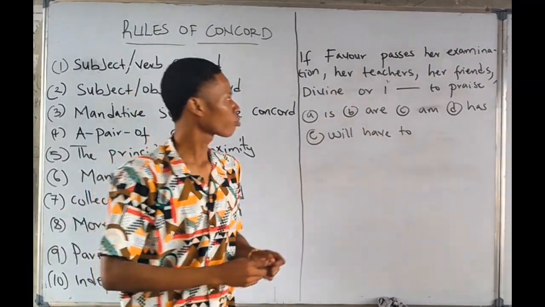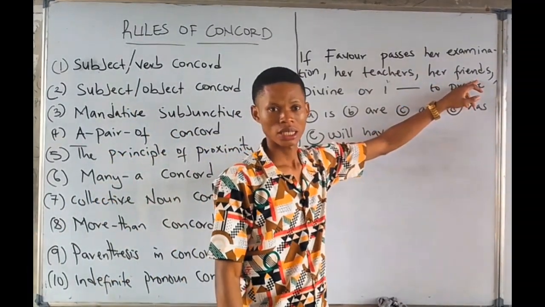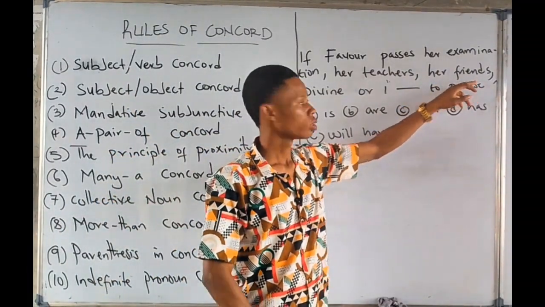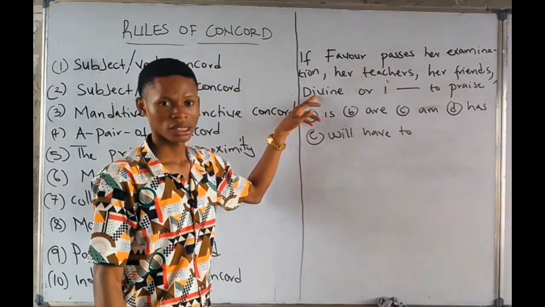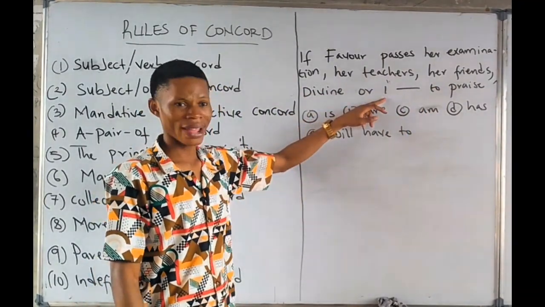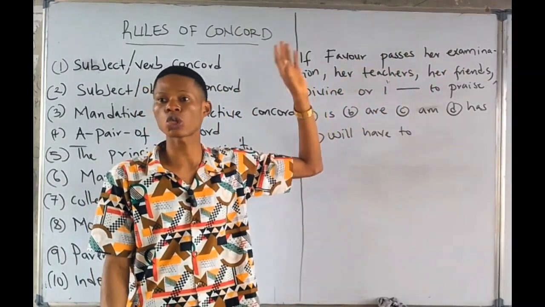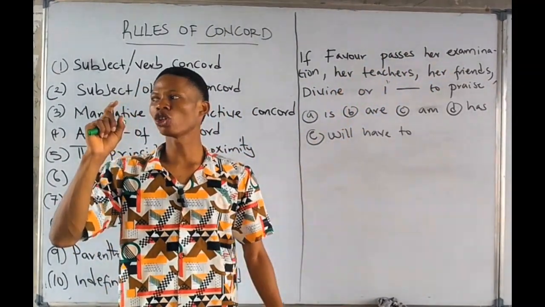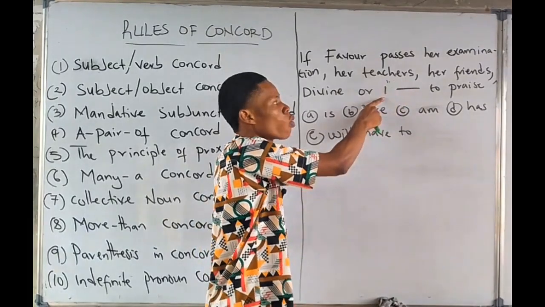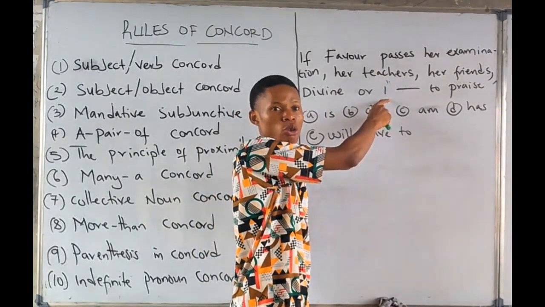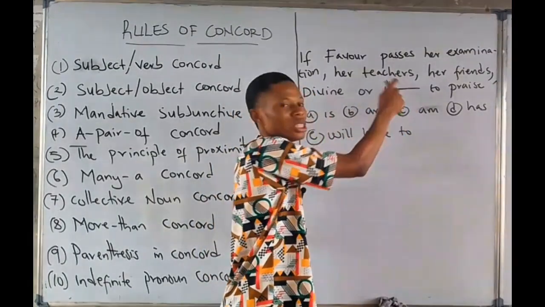Plural, right? Her friends, is it singular? Divine, I. Now when you have a set of nouns and pronouns this way, what will determine your choice of verb used here is the noun or the pronoun closest to the verb.